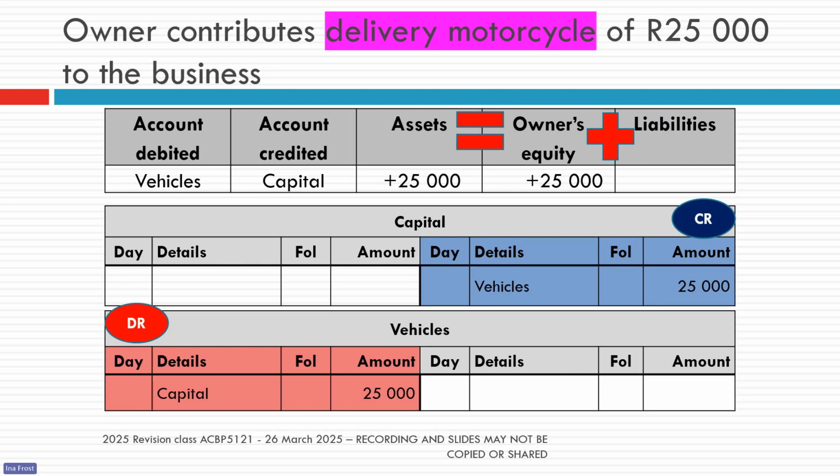So instead of taking the debit to the bank account, we're going to take the debit to the account for the actual asset. The asset can be office equipment, machinery, or furniture. You would just need to look at the question in the paper.